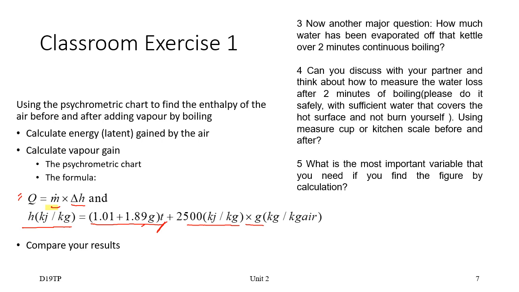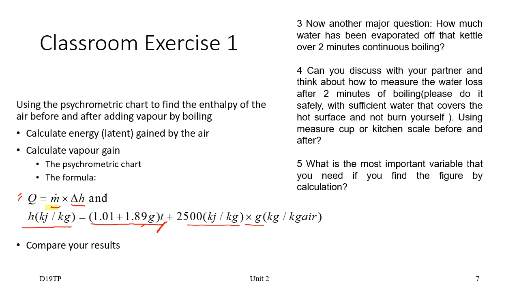So here are the questions. How much water has been evaporated off from a kettle over 2 minutes of boiling? We know how to calculate this one, we explained this already. And then we also demonstrate how you calculate the moisture added into the room air and change the moisture content of the room air.